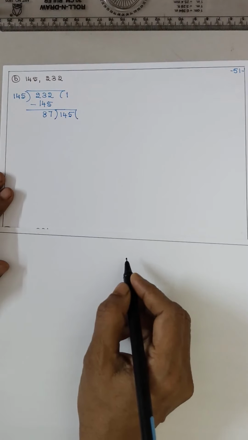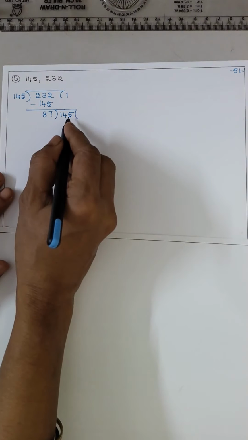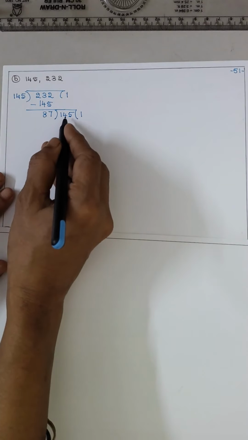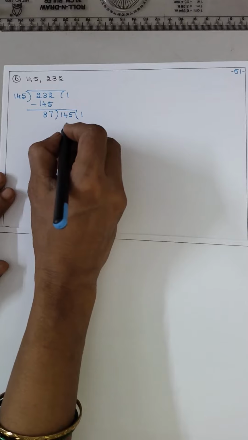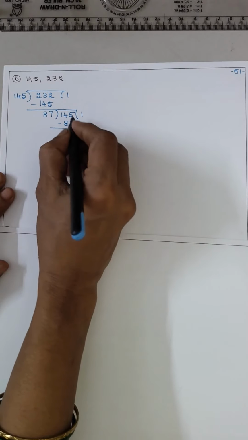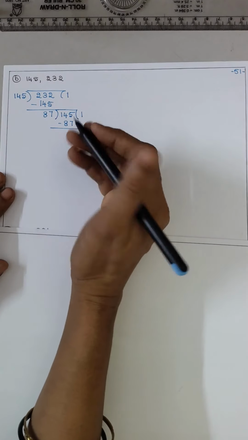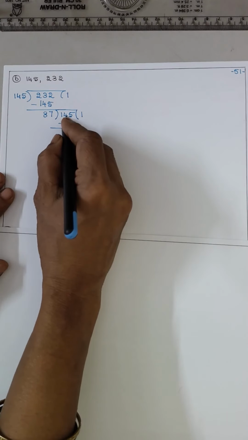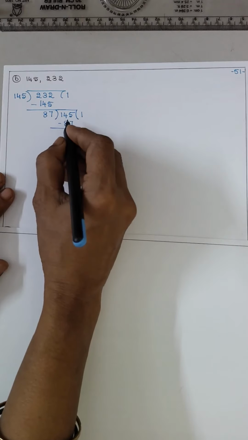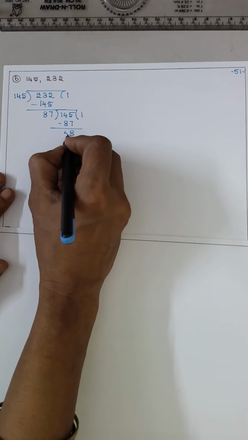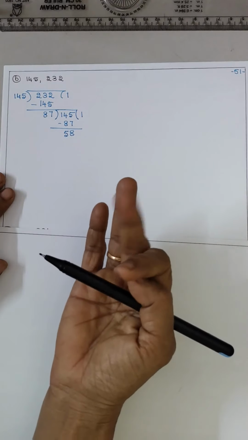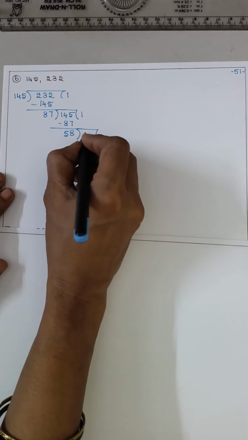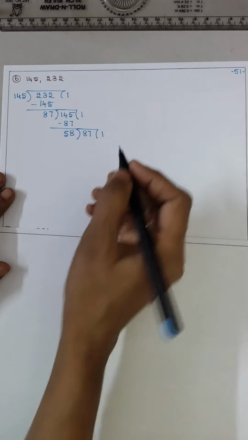Now 87 and 145, only one time, because 8 2s are 16, it is bigger. So 87. Now 5 minus 7, 5, 6, 7, that is 8. 3 is remaining, 13 minus 8 is 5. 5 remain. Okay, now again 87 only one time.